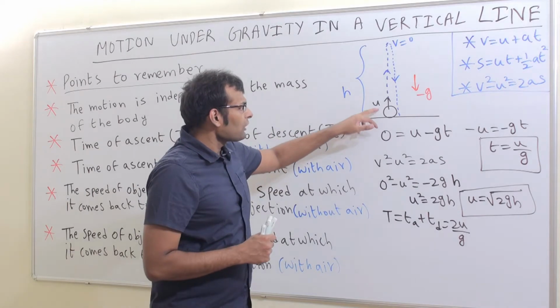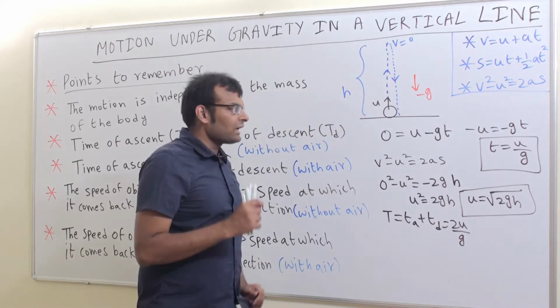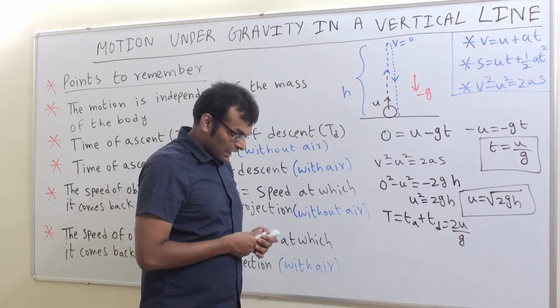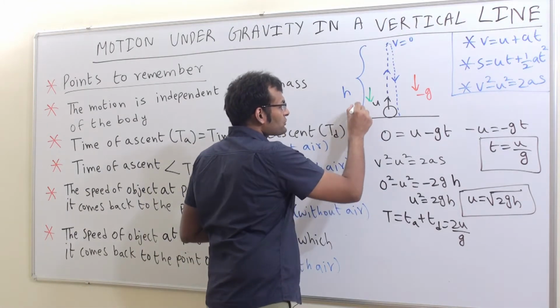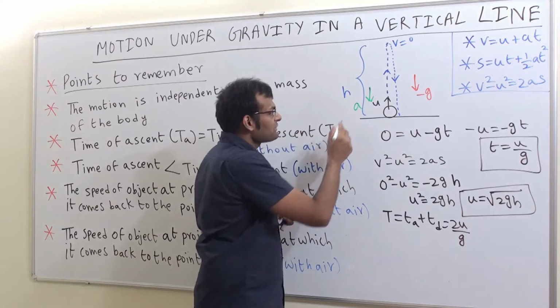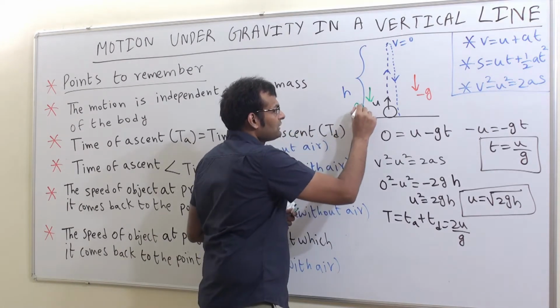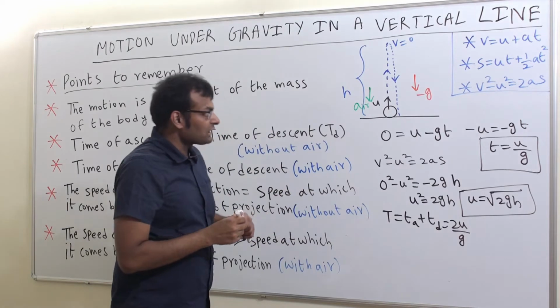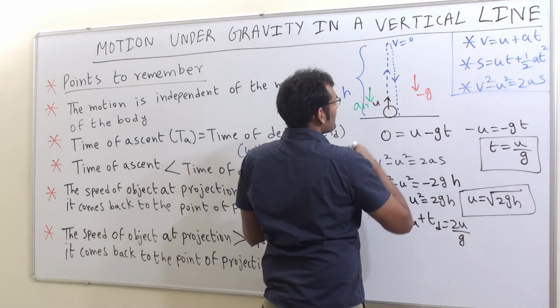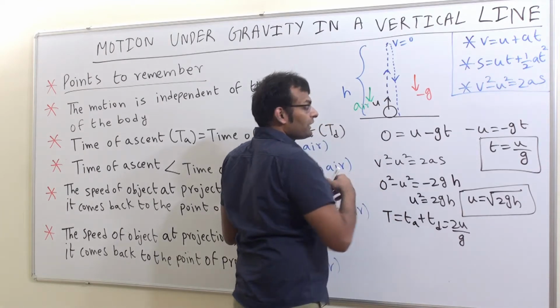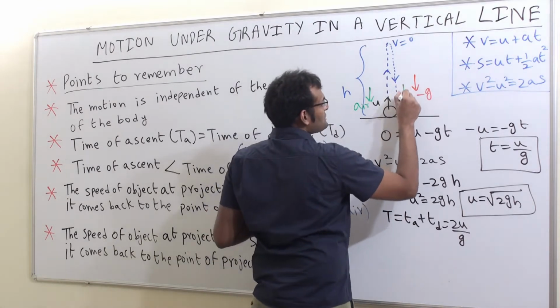So when the ball is going upwards, in what way will the air be opposing? Air will be acting in this direction, means opposing. Air friction, I am writing A, means air will be opposing the motion of the object. Similarly, when the ball is coming down, what happens? Air will be in this direction.